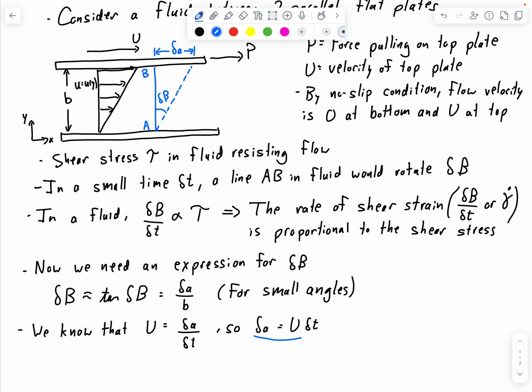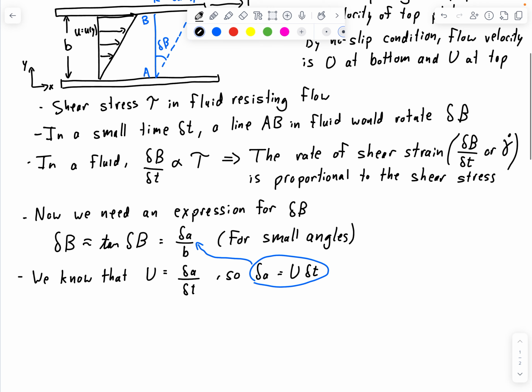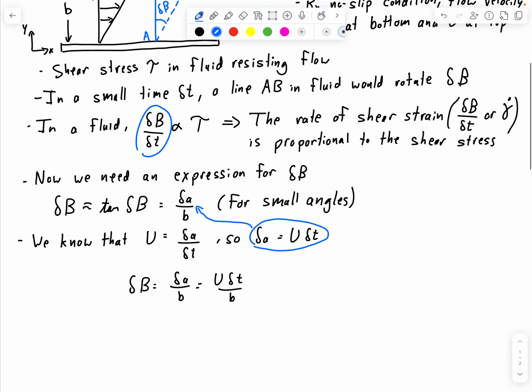Then this expression for delta A, we can plug back in to find that delta beta is equal to delta A over b, which is equal to U delta t over b. And if you'll recall, what we were looking for was this expression of delta beta by delta t.